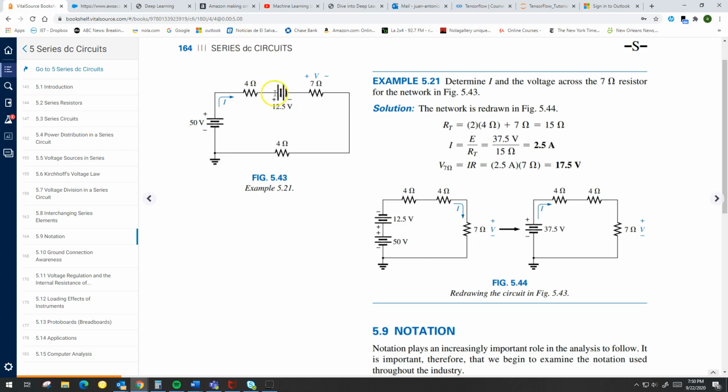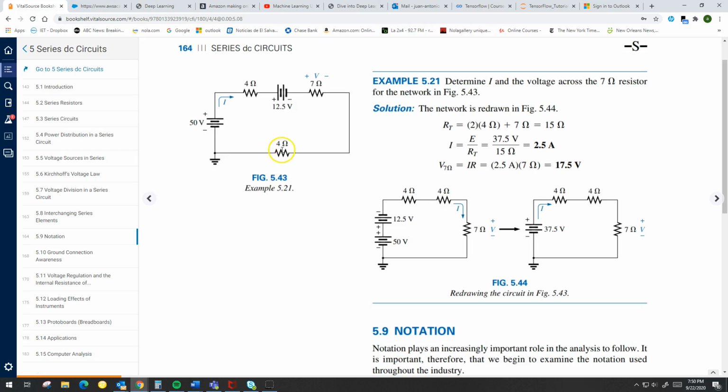When you swap it, you have to keep the positive in the same place as far as the polarity is concerned. You can't just swap it and flip it, because if you flip it, then you have the negative on that side, and that's a whole different result. So it's important that you keep polarities consistent.